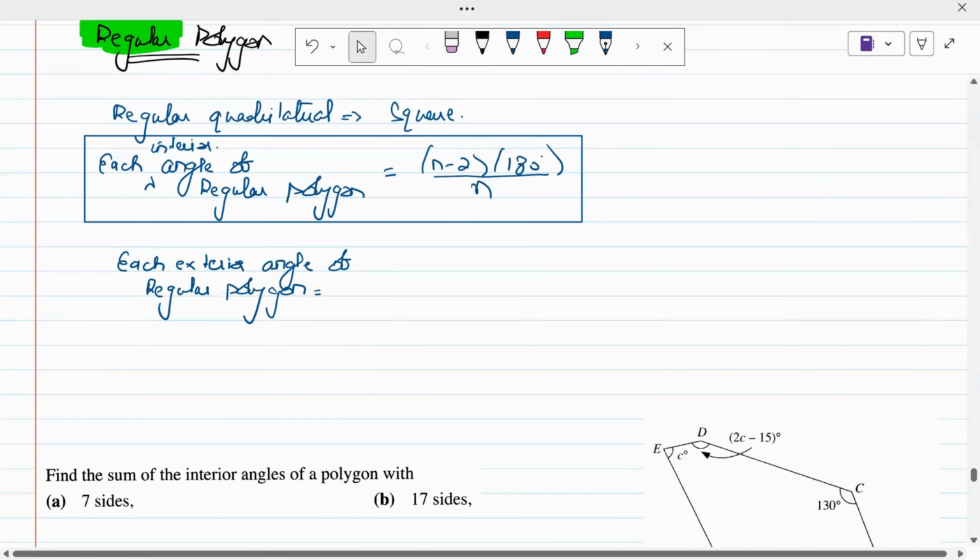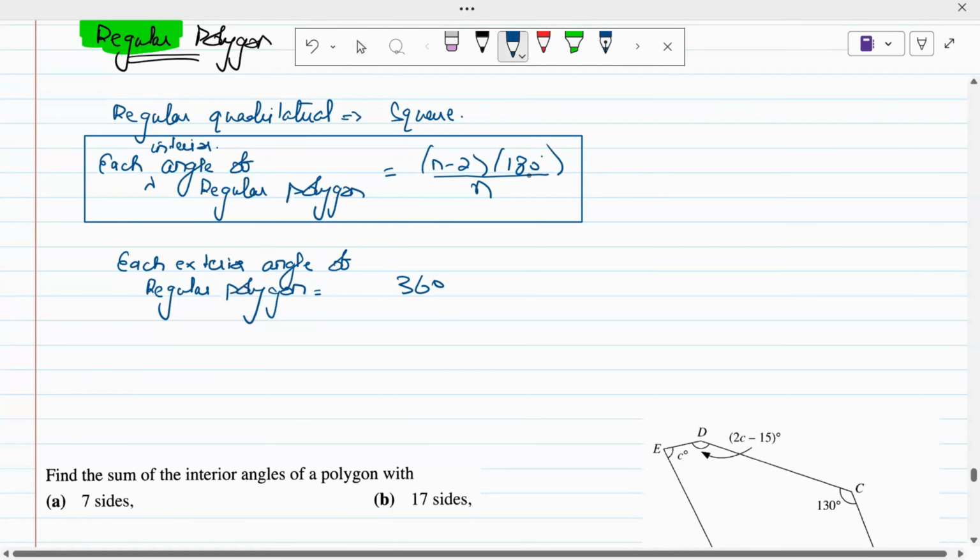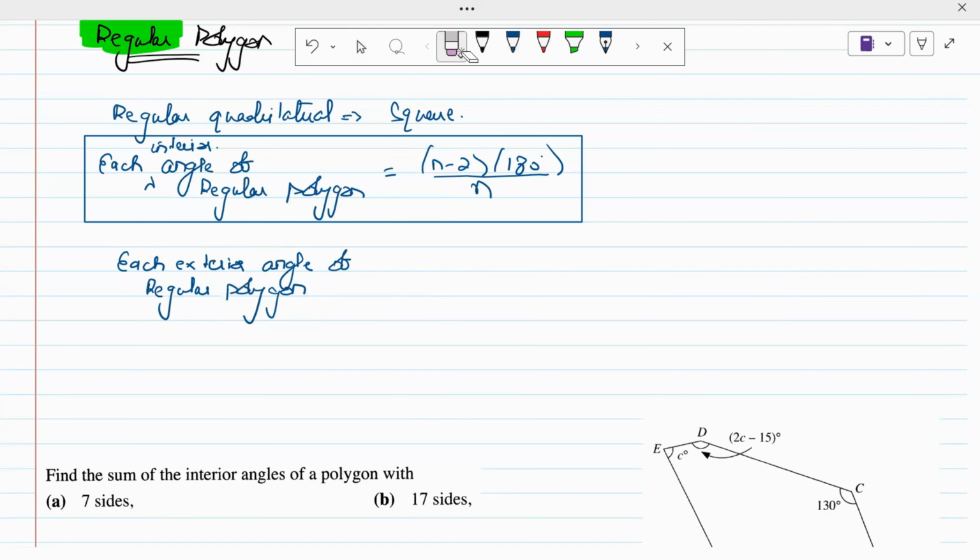So each exterior, in this case, would be 360 divided by n. That is the fifth and last property or formulation associated with this topic, polygons.